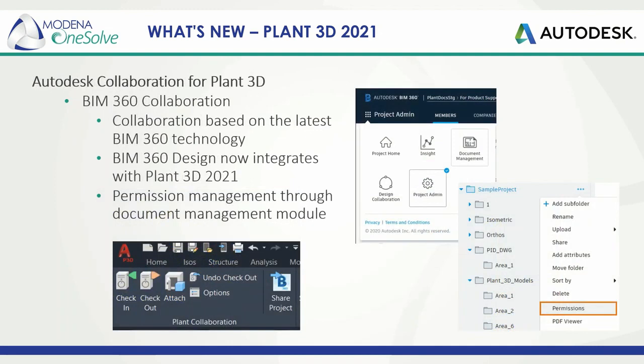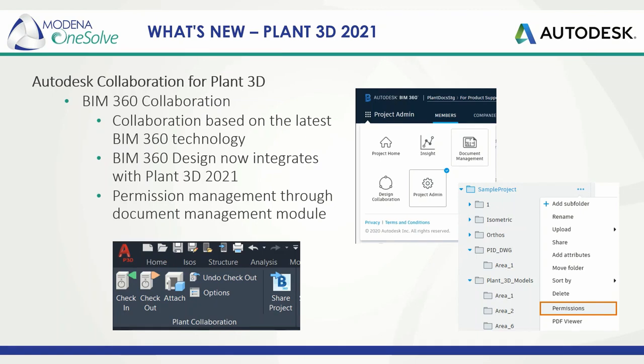Beyond the installation improvements, probably the biggest improvement or the greatest feature that's come into Plant is the collaboration service. The collaboration service is now based on the latest BIM 360 technology, making it faster and more stable. Aside from replacing BIM 360 Team with the document management module in BIM 360, the collaboration workflow remains the same. BIM 360 Design is a cloud-based solution that integrates with the AutoCAD Plant 3D 2021 toolset to provide an enhanced cloud collaboration experience.